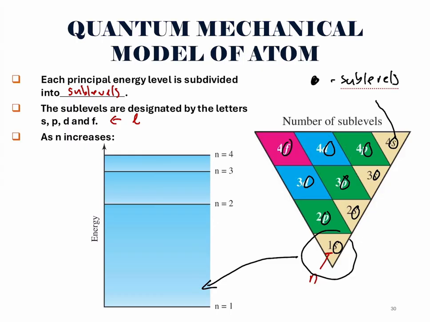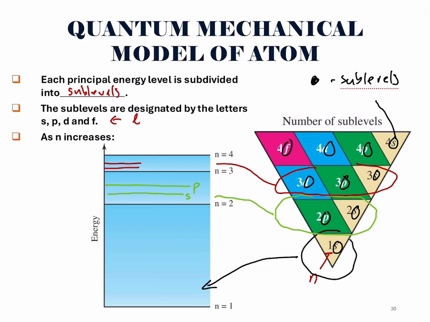But if we go to now the n equals 2 state, what it looks like is that we have 2 more energy levels here, one for S and one for P. Then we go to the n equals 3 state up here, and now you're going to have 1 for S, 1 for P, and 1 for D. So this is S, P, and then D. Right, so these energy levels get more and more fine as we go higher in energy.